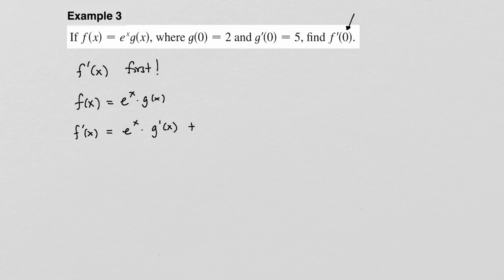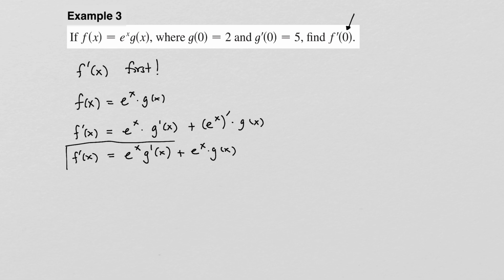Plus, then we're going to take the derivative of e to the x and multiply it by g of x. But the derivative of e to the x is e to the x. So we have e to the x times g prime of x plus e to the x times g of x. And this is the derivative f prime of x.